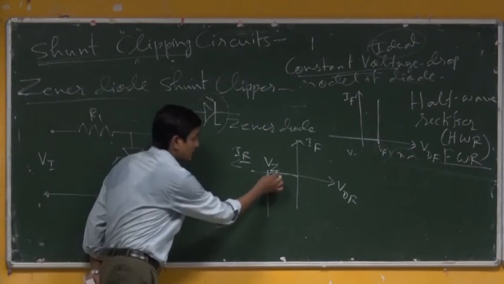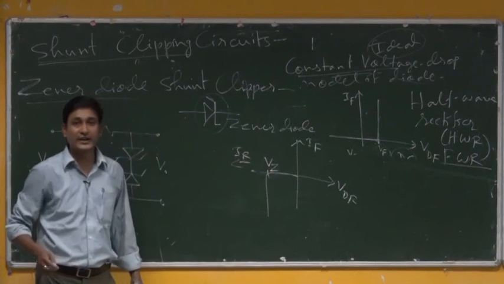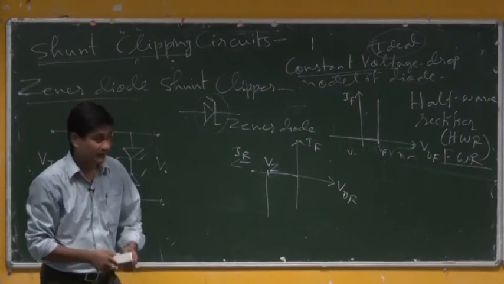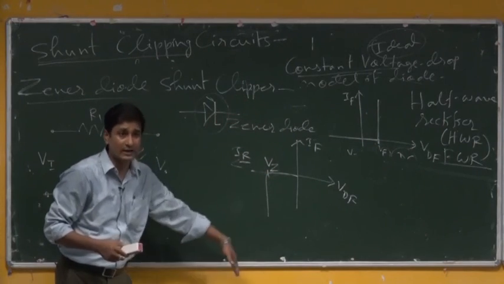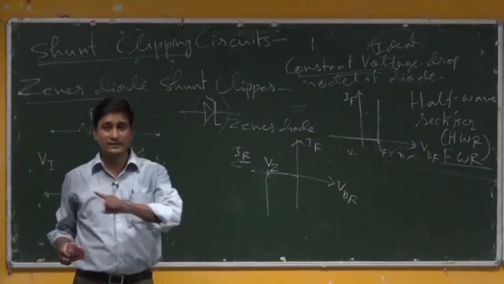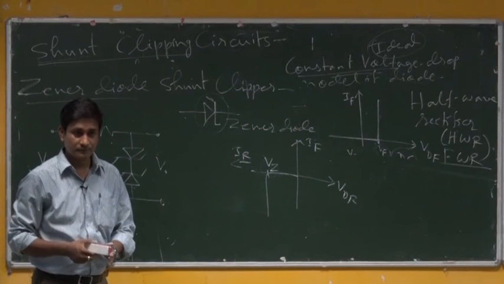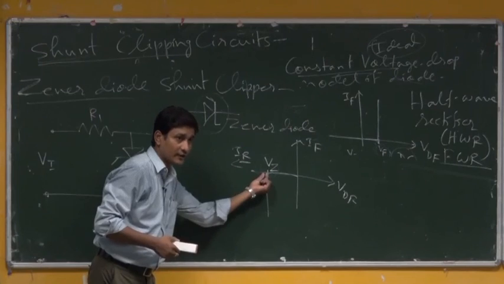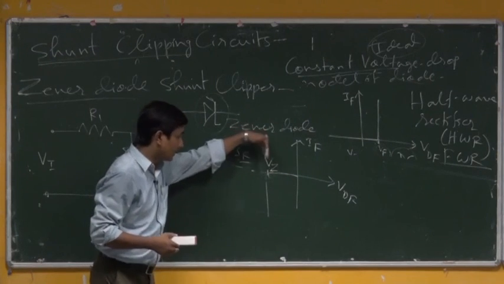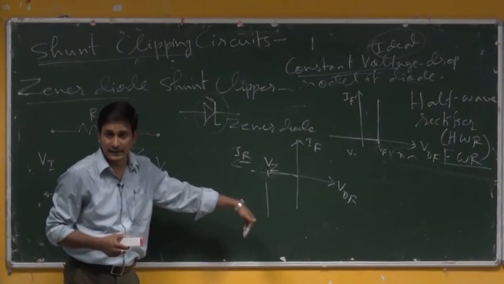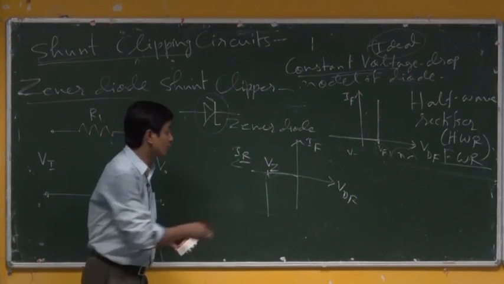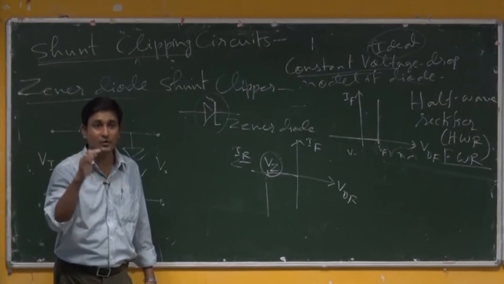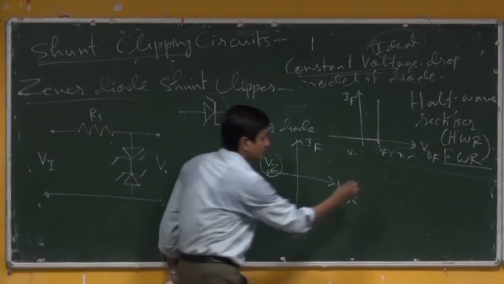It is also important because at the knee voltage, with a small variation of voltage, the current goes too high, which cannot be obtained for general diodes. So I can expect a much more fixed voltage at this breakdown compared to other diodes, particularly the forward characteristics of the diode.